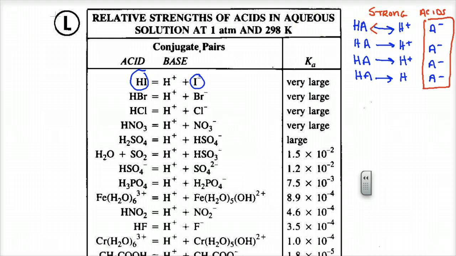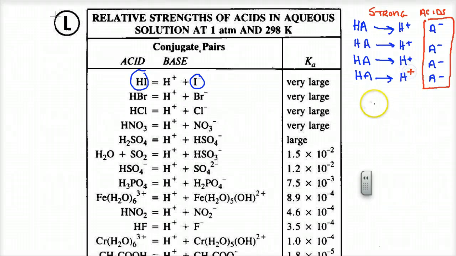So the reverse just does not happen. So these are really one direction, very spontaneous reactions. So these strong acids have a lot of ions, and they're very good electrolytes because they produce a lot of ions.